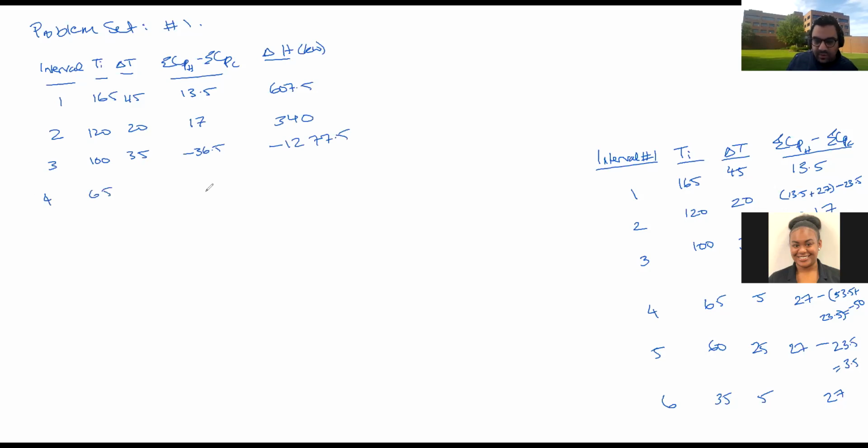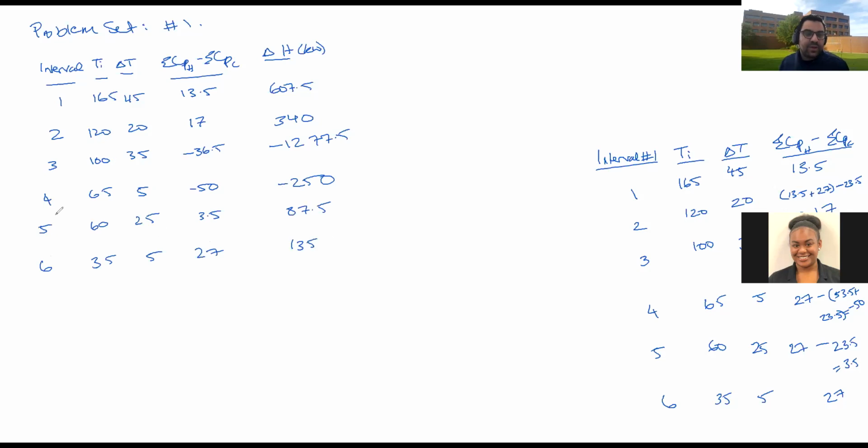The length of this interval is 5. And this parameter here, difference in heat capacities, is 50. So this number right here is minus 250. Interval 5, we said it's 60, 25, 3.5. This is 87.5. Then finally, interval 6. Again, it's 35. This is 27. So I have 27 multiplied by 5 is 135.